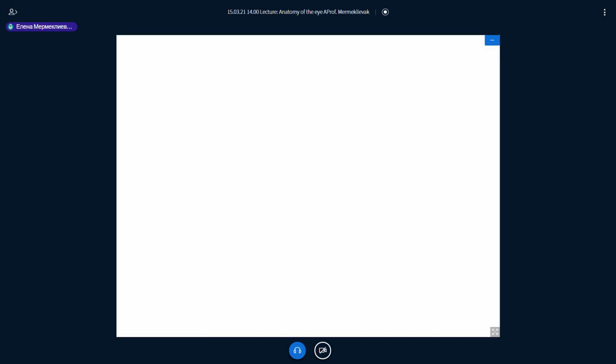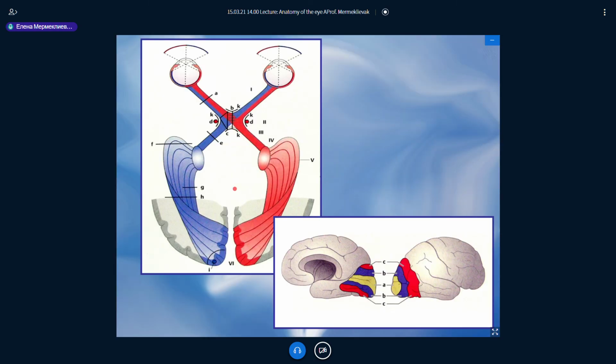After that is the intracanalicular part of the optic nerve, and after that is the intracranial part of the optic nerve.